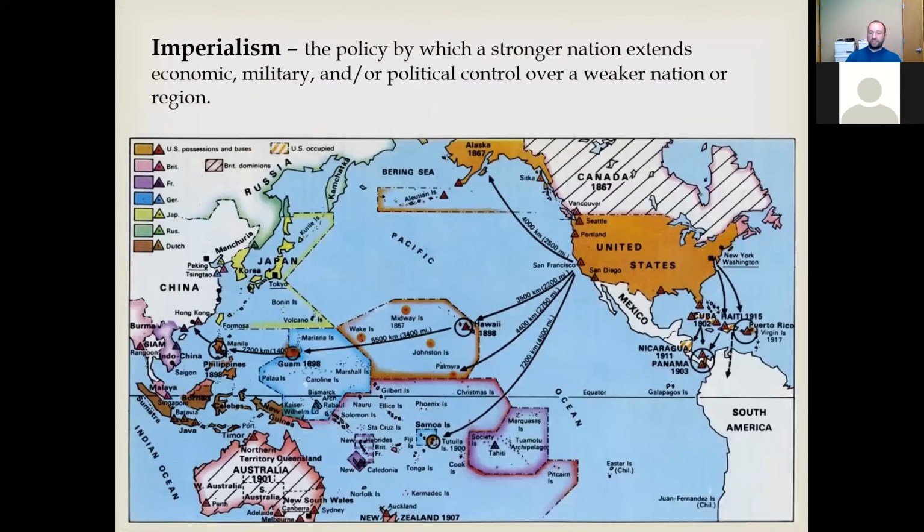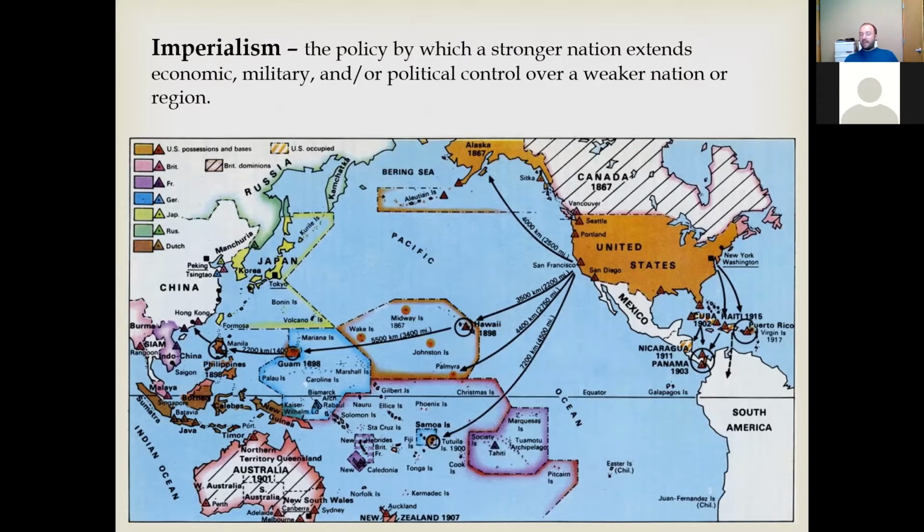And there's the definition of it, just to make sure I get it right: the policy by which a stronger nation extends economic, military, and or political control over a weaker nation or region. So it doesn't necessarily mean the United States was going out and getting more territories to become states. They were just expanding their reach, right?